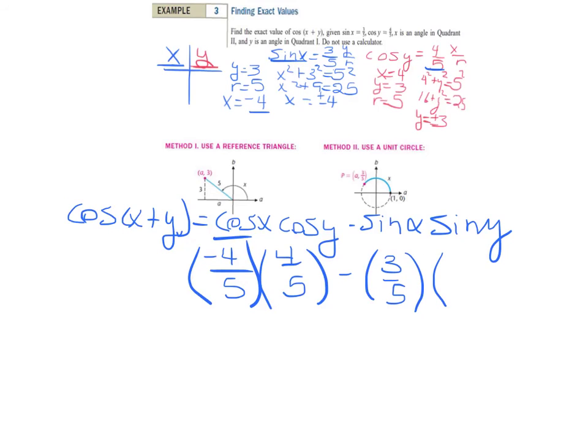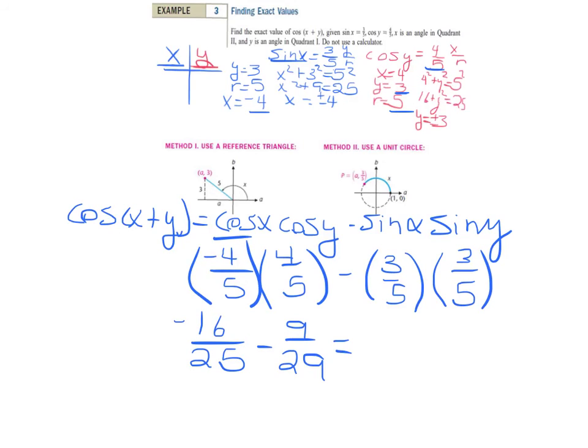And now we need the sine of y, and sine is y over r, so it's going to be 3/5. We end up with negative 16 over 25 minus 9 over 25, which is going to give you negative 25 over 25. Therefore, the answer is negative 1.